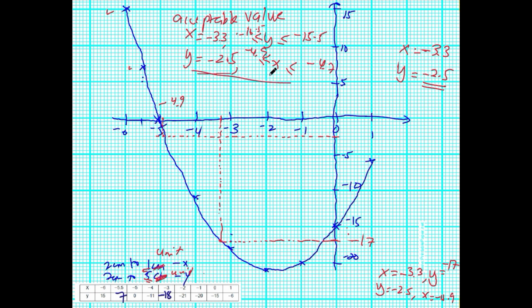You can try it by yourself, but because my graph is not that smooth, there's a bit of variance. But the way to do it is this way.